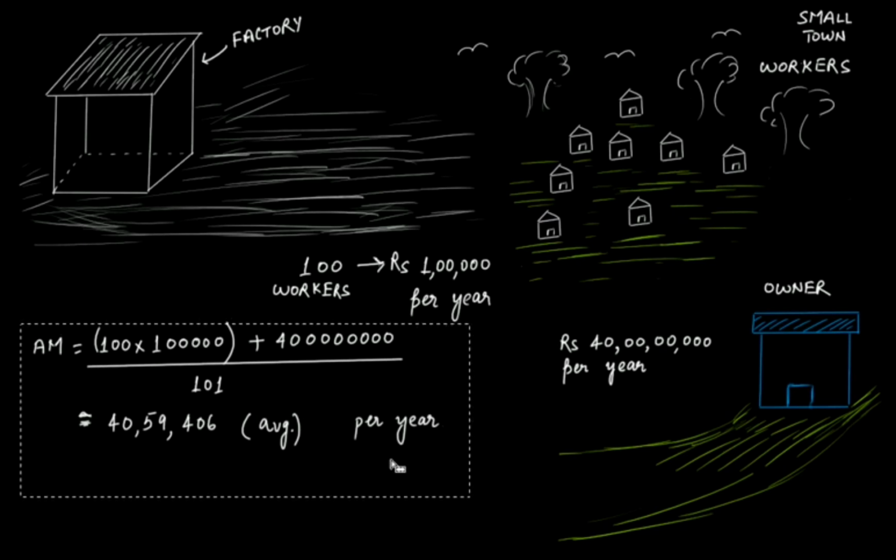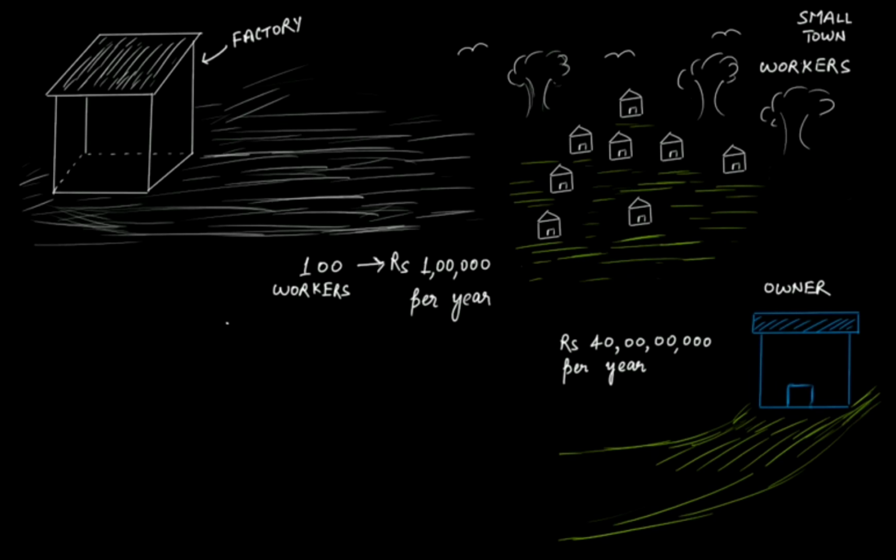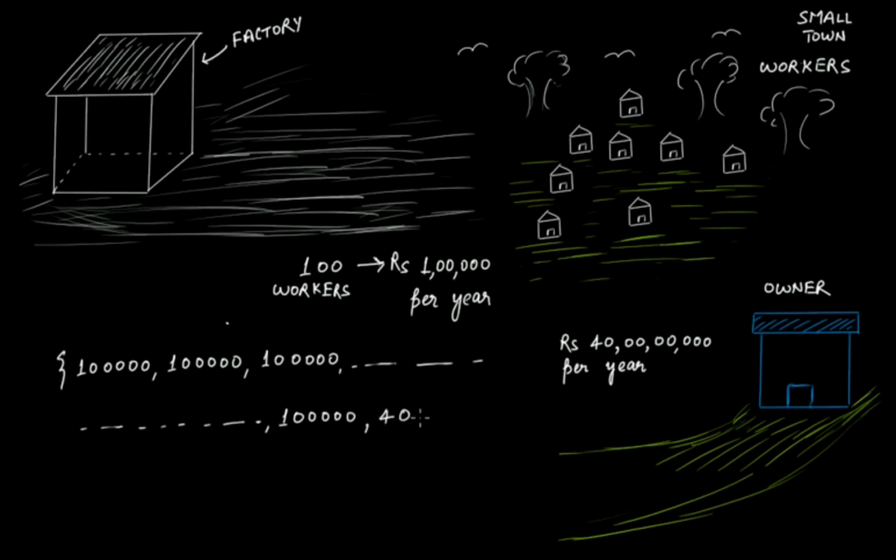In that case comes the role of mode. How? See, 100 workers are earning 1 lakh per year. So 1 lakh, again 1 lakh, again 1 lakh, and so on. This will continue up to 100 times, because there are 100 workers. This is the salary of the 100th worker, and then just this one value, 40 crore.